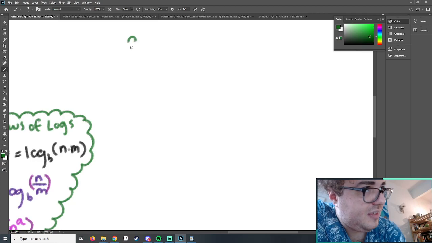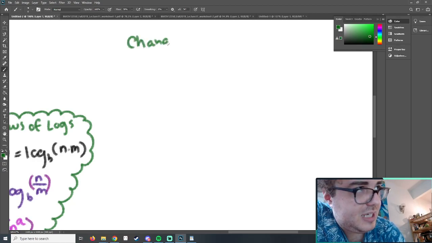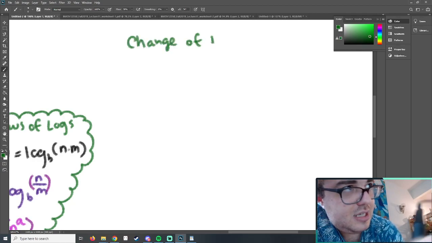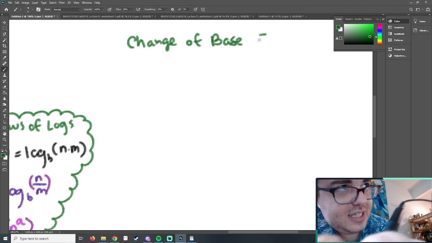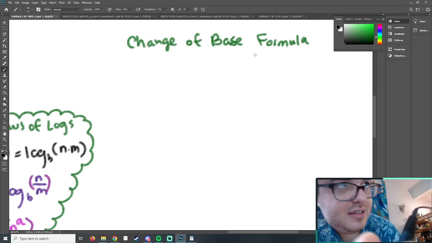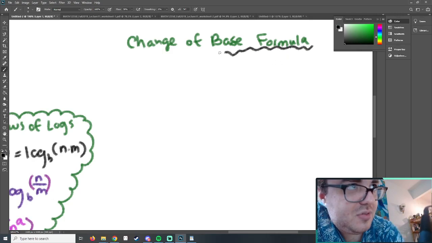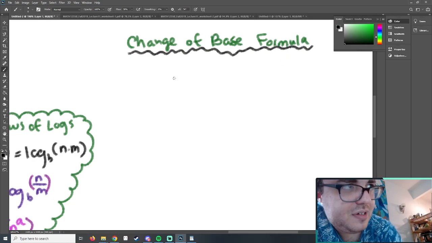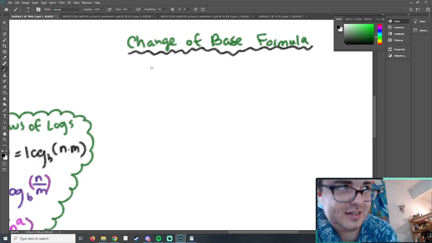So we need something called the change of base formula in order to even use our calculators to calculate logarithms. And this formula seems wild. It seemed wild to me when I first saw it, but it does work. And I encourage you to spend some time at home doing calculations with it and trying to figure out why the heck it should work. But it tells you this.